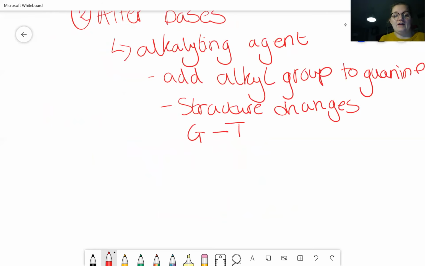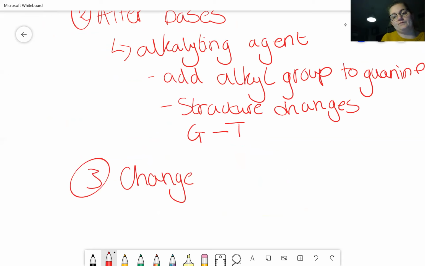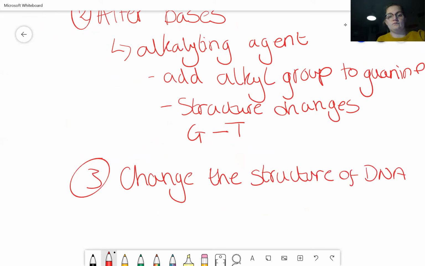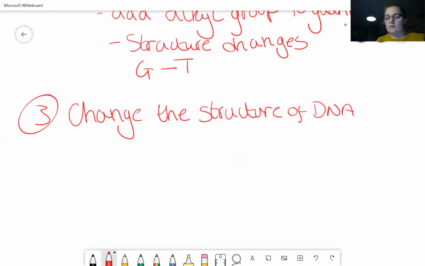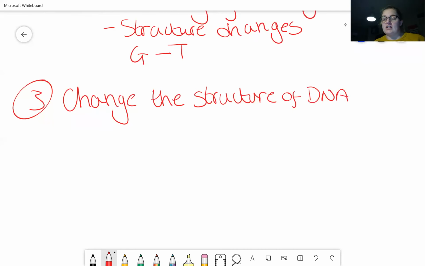And then finally, number three, it can actually change the structure of DNA. Some types of radiation can change the structure of DNA, so that can affect the DNA during replication. One example is UV radiation.